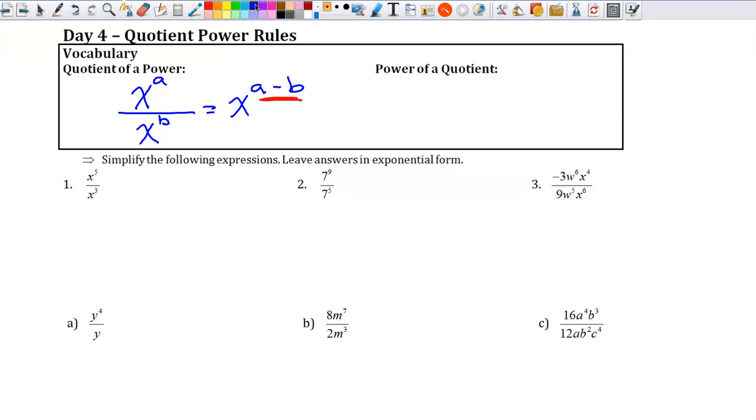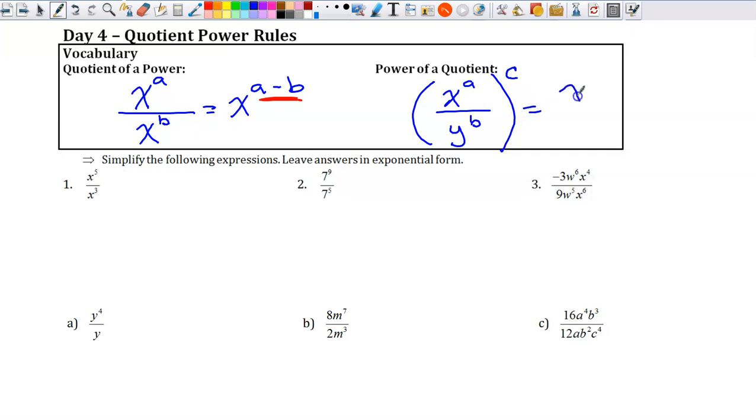Well then, additionally, we're going to throw at you power of a quotient. So if I take x to the a over y to the b, and again, those bases are not the same, x and y, so I can't just subtract the a and b. You're going to be playing with x, y, z's, a, b, c's. But if I raise that whole chunk of chicken to a separate power c, it's almost like the distributive property.